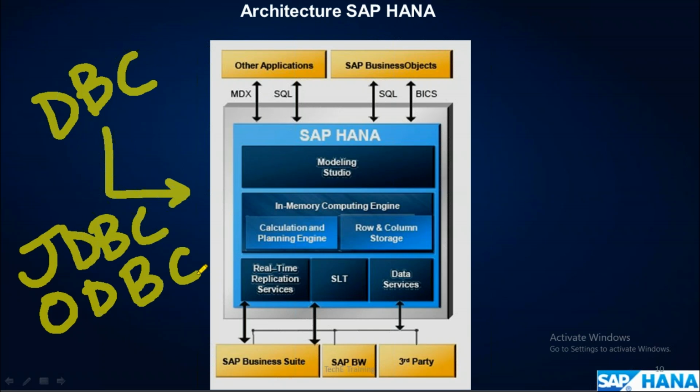You can use all these connectors. They have the inbuilt APIs to communicate with HANA, whether you're connecting with Tableau or QlikView or third-party reporting tools like Informatica, Data Junction, and so forth. These are available using the DB connections.